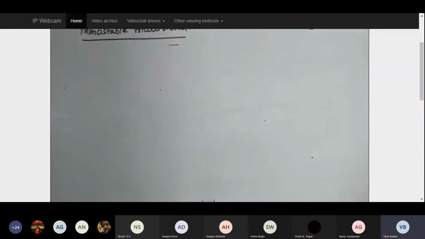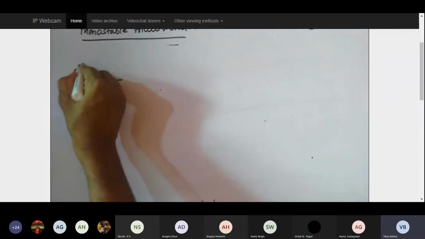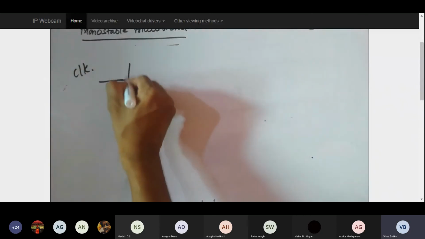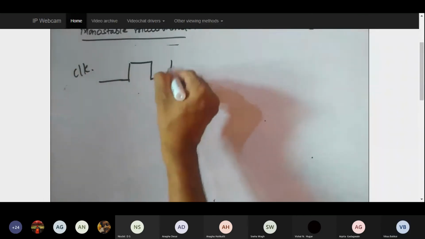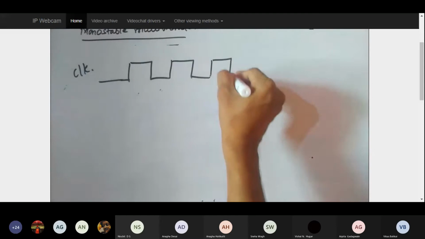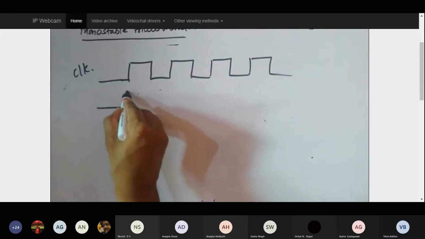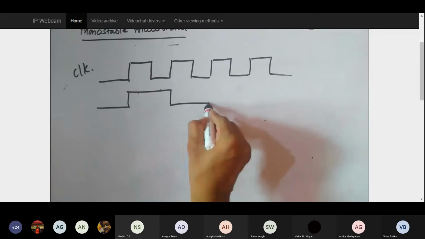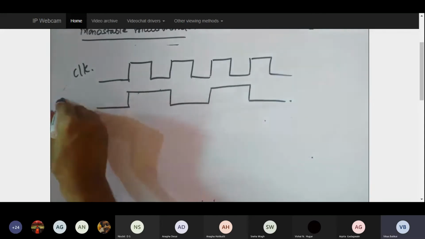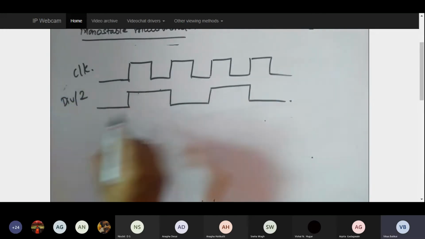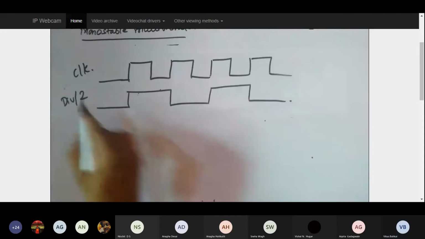See, this is my clock, or basically the trigger in this particular case. So as you can see, this is a divide by 2 value.